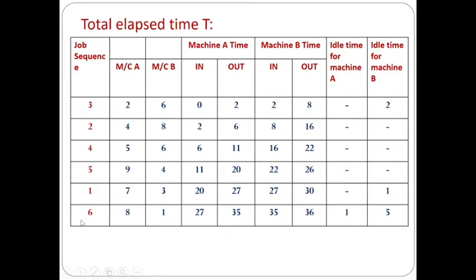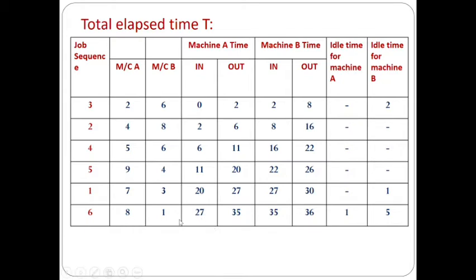Next, for job 6, the time out of machine A for the previous job is 27. So the time in for this particular job number 6 is 27, and the processing time is 8 minutes.